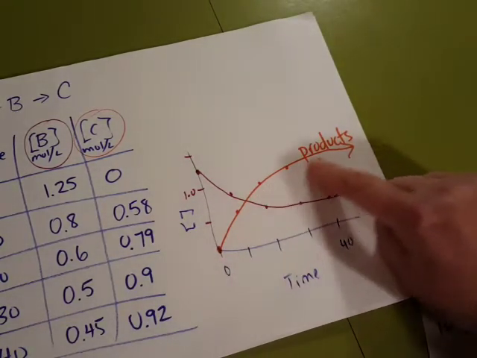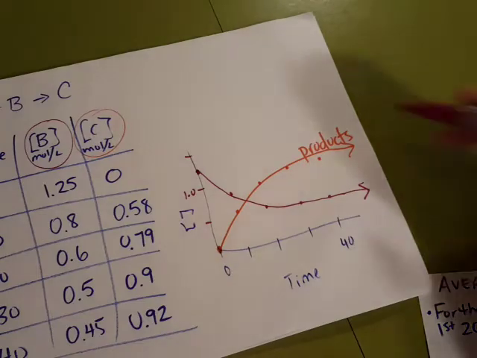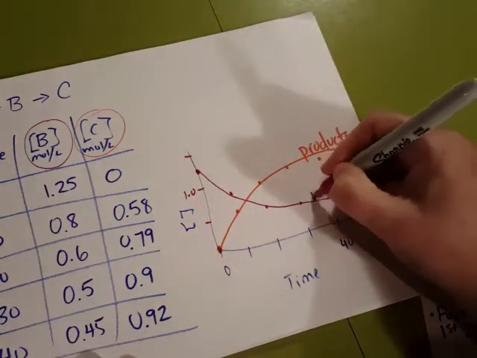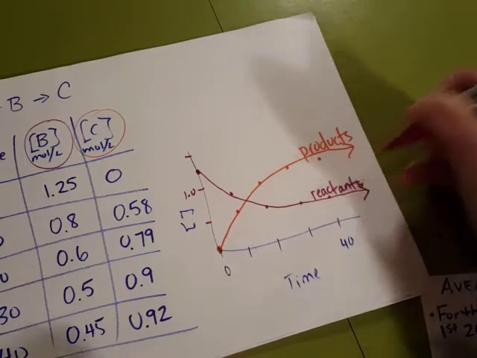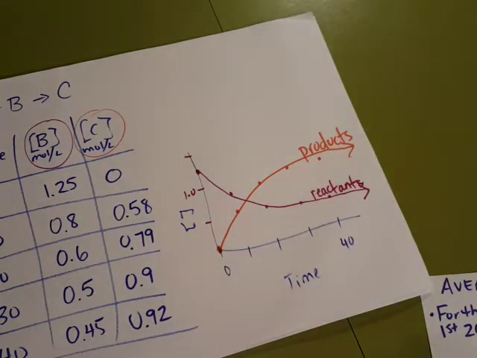So that bottom line that's going up and over is the product line, and then this would be our reactant line. So reactants disappearing, products appearing, and then what we want to do is talk about the speed.